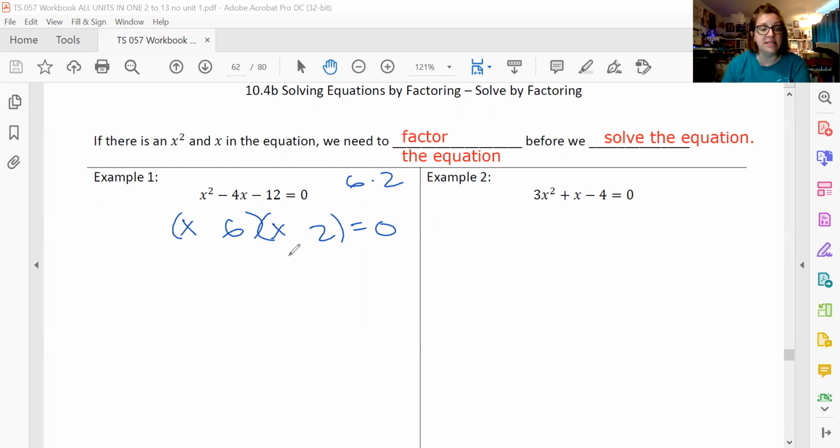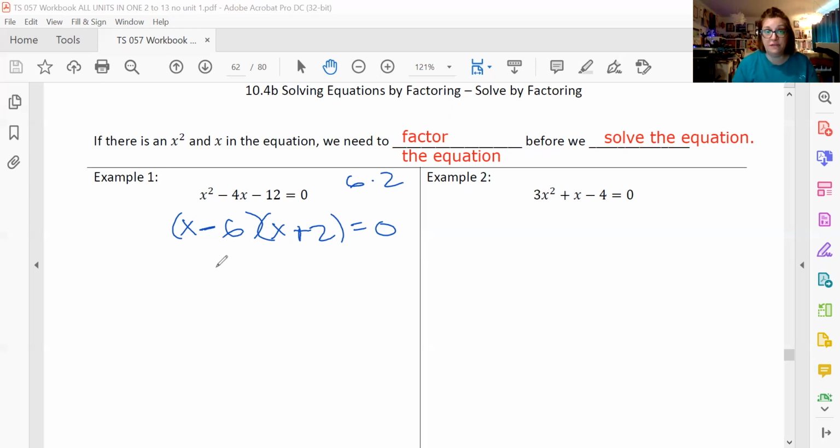And what that means is that the larger second number is negative, and the smaller second number is positive. And the reason for that is if I FOIL this out, if I'm checking my work, I'm going to end up with negative 6x plus 2x, which when I combine those gives me that negative 4x.